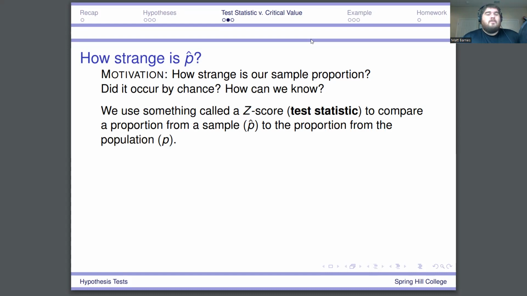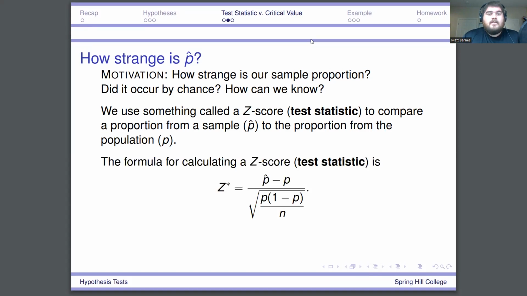And this is just a way to take population proportions and sample proportions from different contexts and scenarios and standardize it into one nice, neat little package that mathematicians and statisticians and you can use in every possible situation. So we have a formula for calculating the z-score.